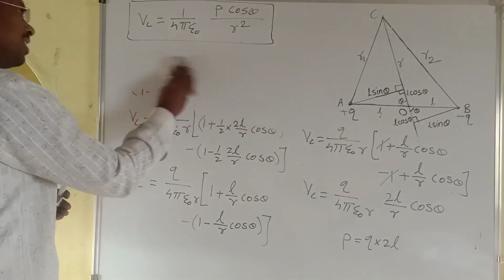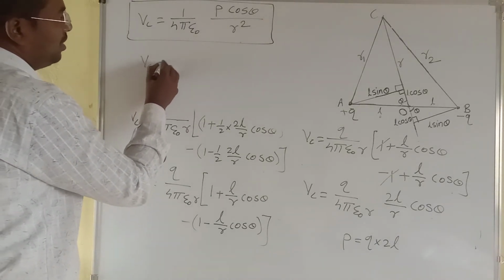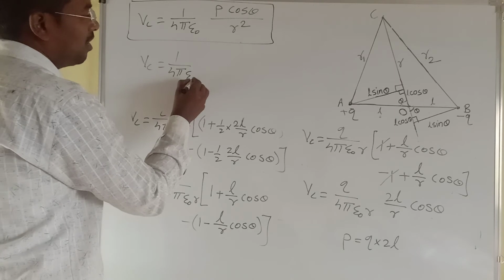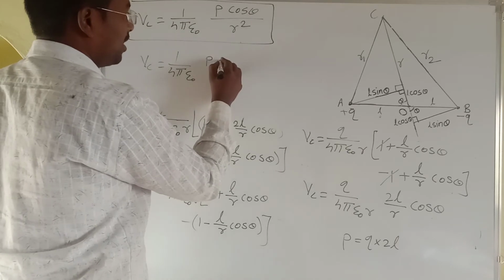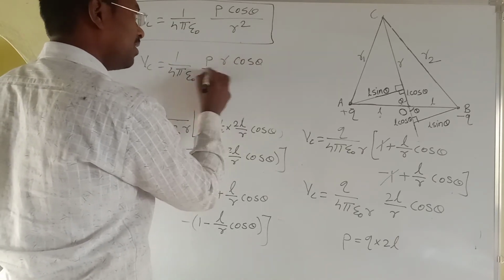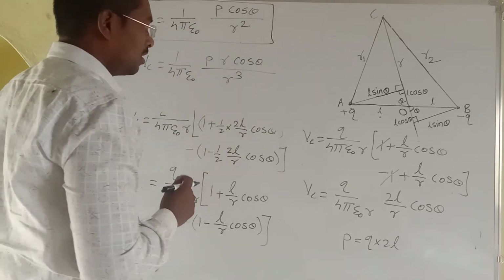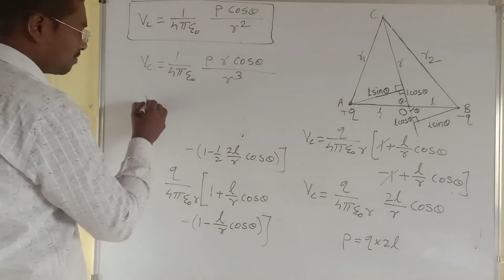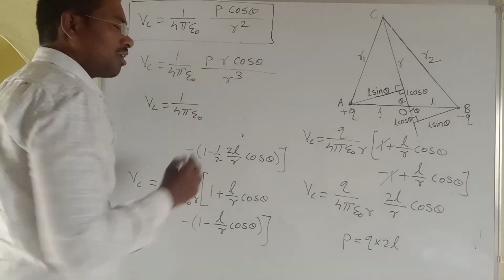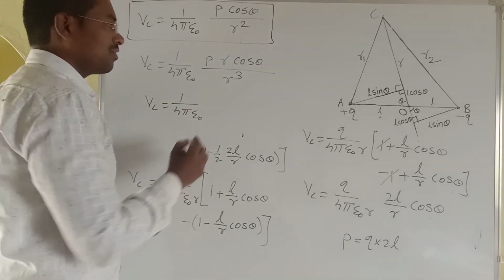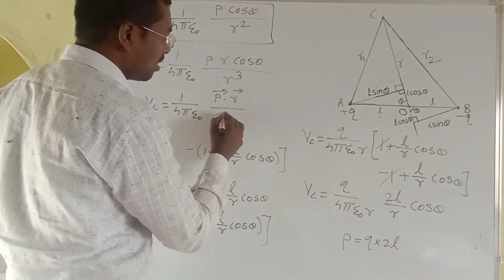This equation V_C can be written in another form as V_C is equal to 1 upon 4πε₀, this P into, multiply this as R cos θ and divide by one more R, so it will be R cube. Therefore V_C is equal to 1 upon 4πε₀, this PR cos θ can be written in vector form as P̄·R̄ upon R cube.